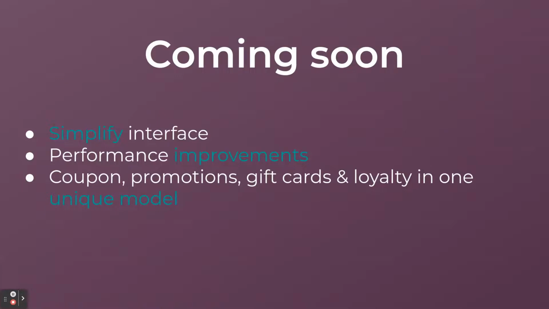We will have a lot of performance improvements, and we will have some new features, because coupon promotion programs, gift cards, and loyalty programs will be merged in a unique model instead of four different models to make sure that users will have a better experience with these models.